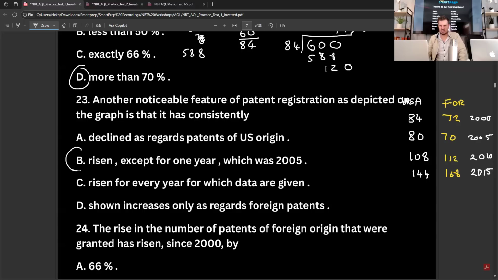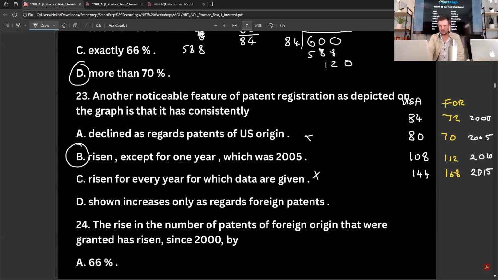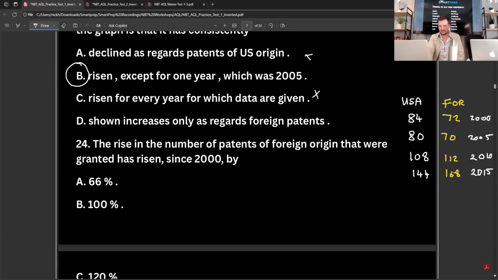So it did rise every year except for 1 year, which was 2005. Did not decline regarding patents. It didn't rise for every year, so we know that's wrong. Shown increase only as regards to foreign. No, that's not true either. So B is quite an obvious answer there.